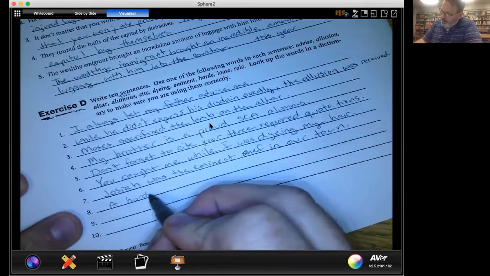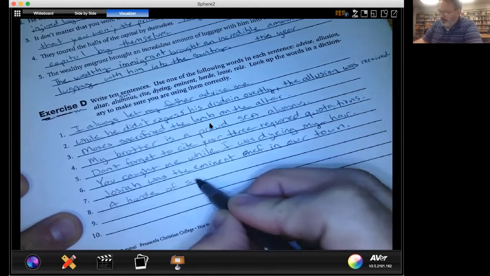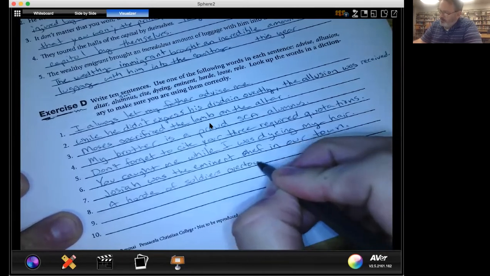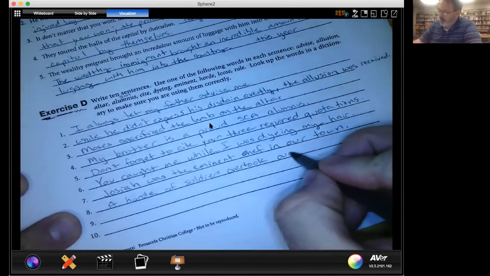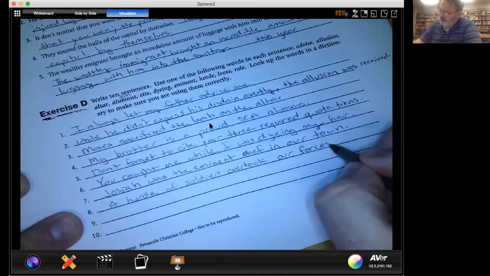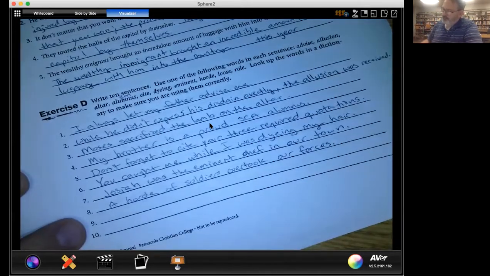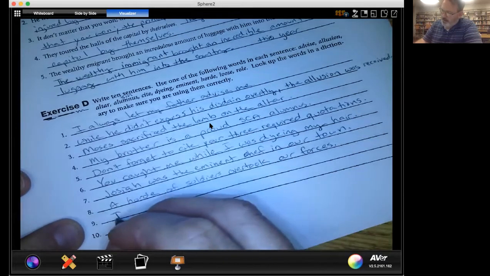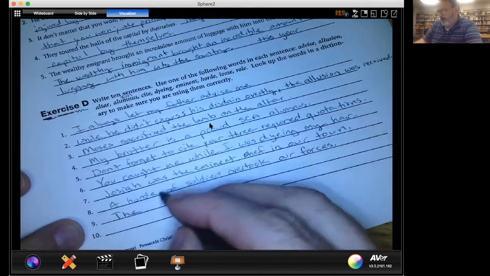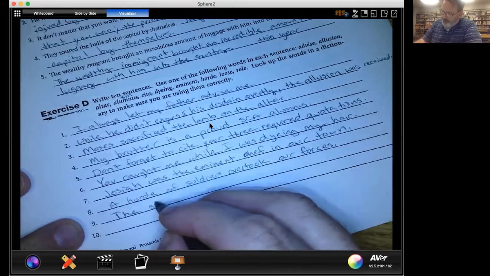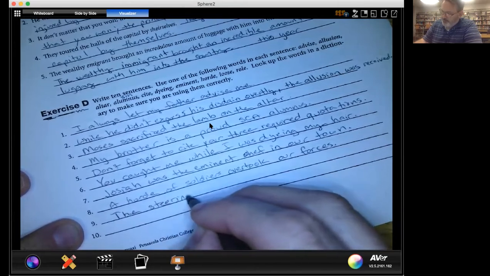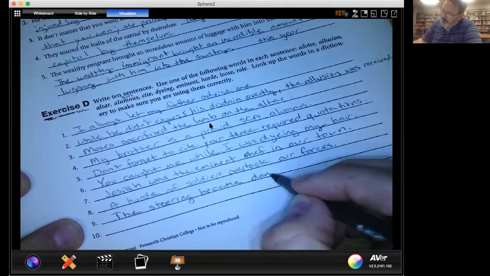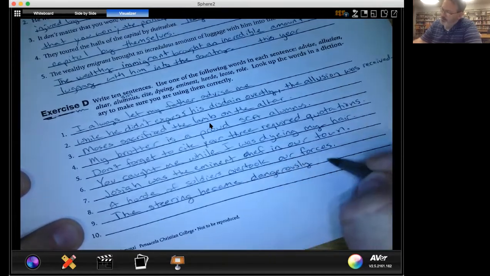Hoard. A horde of soldiers overtook our forces. It's a whole lot of them. Loose, loose. Okay. The steering became dangerously loose.